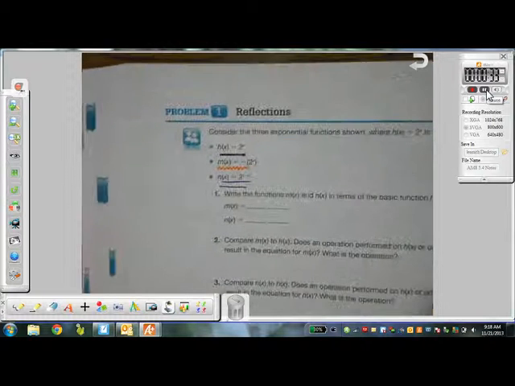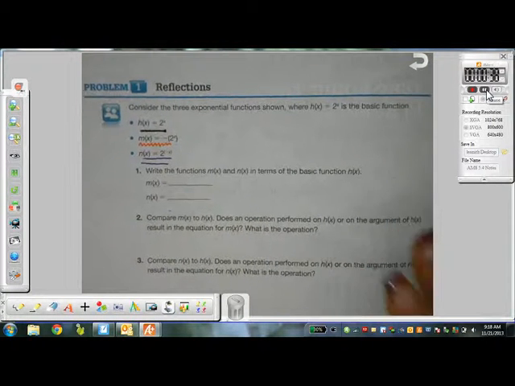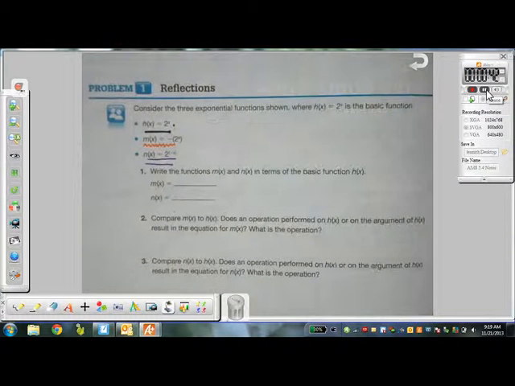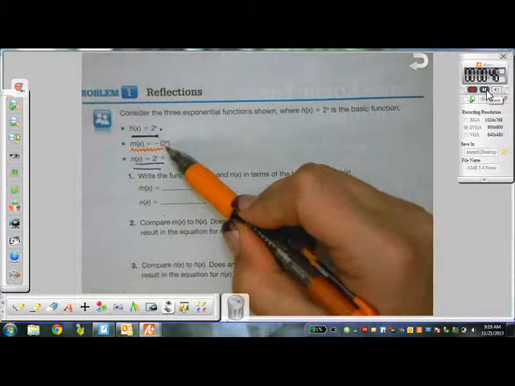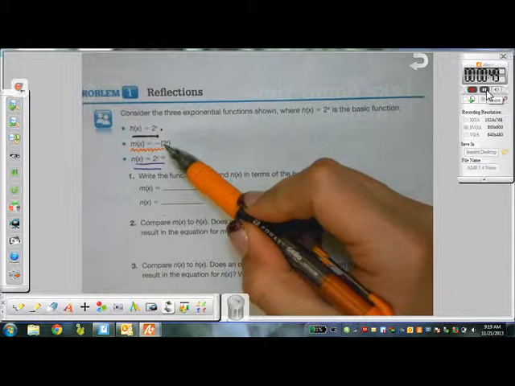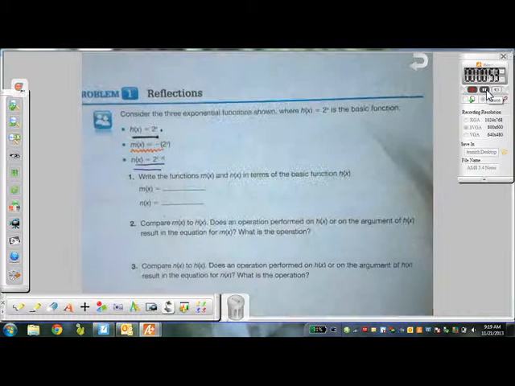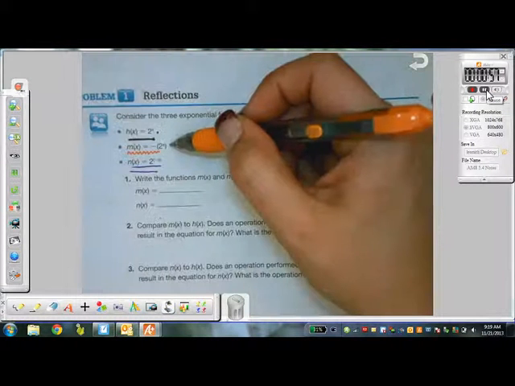In problem 1, I'm giving you three exponential functions. h of x equals 2 to the x is the basic function. m of x equals negative 2 to the x is your next function, and we determined that we put a negative in front of the result of h of x, right? So whatever you get as the answer in h of x, we put a negative in front of that.